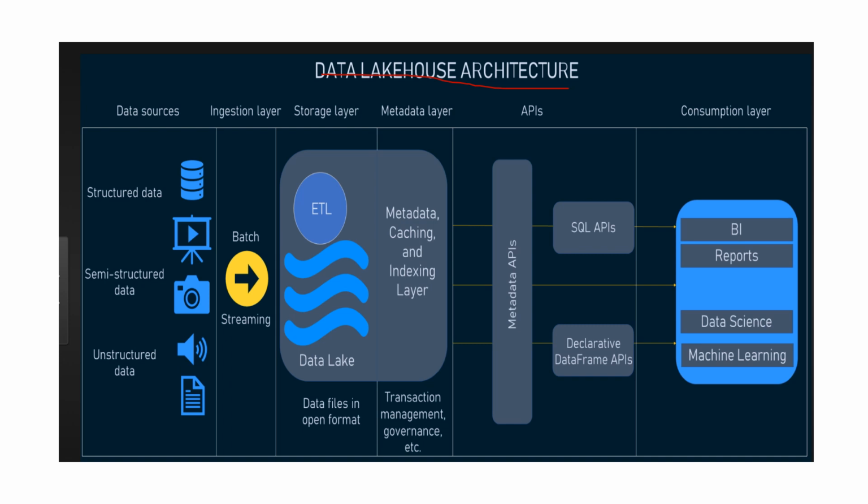So whatever the format is, structured, semi-structured, or unstructured, it supports batch and streaming data, a metadata caching and indexing layer, and data files in open format. Metadata APIs store and manage all the metadata, and the SQL APIs are a data warehouse feature, along with the declarative DataFrame APIs.